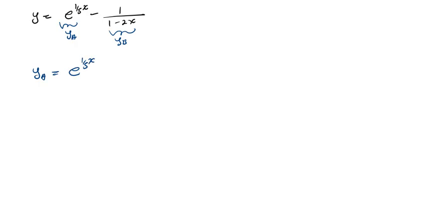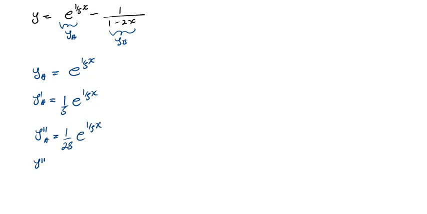So here, my y of a is equals to e to the 1 over 5x. My y prime of a, here I'm just going to differentiate up to the fourth derivative. I think I'm able to come up with a pattern. The derivative of e to the 1 over 5x is multiplied by the derivative of the power, which is 1 over 5. So you have 1 over 5 e to the 1 over 5x, then y prime prime of a is this again multiplied by the derivative of the power, equals 1 over 25 e to the 1 over 5x.